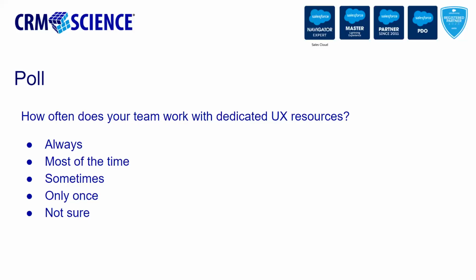Going once, going twice. All right. And here are the results. So it looks like about half aren't sure, and 38%, about a third, sometimes, and 1 vote for always.